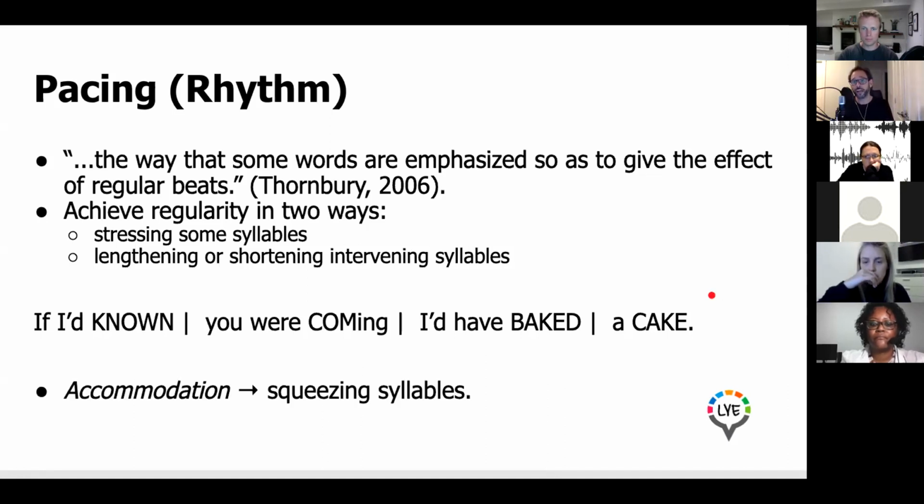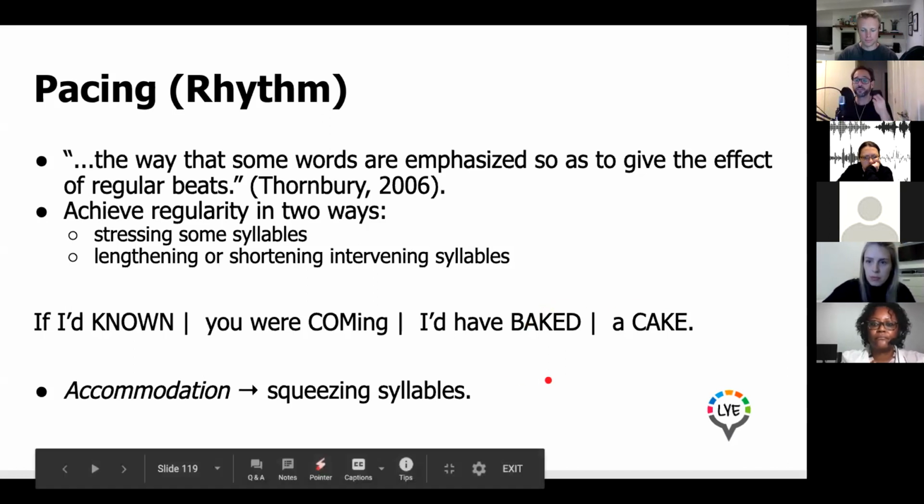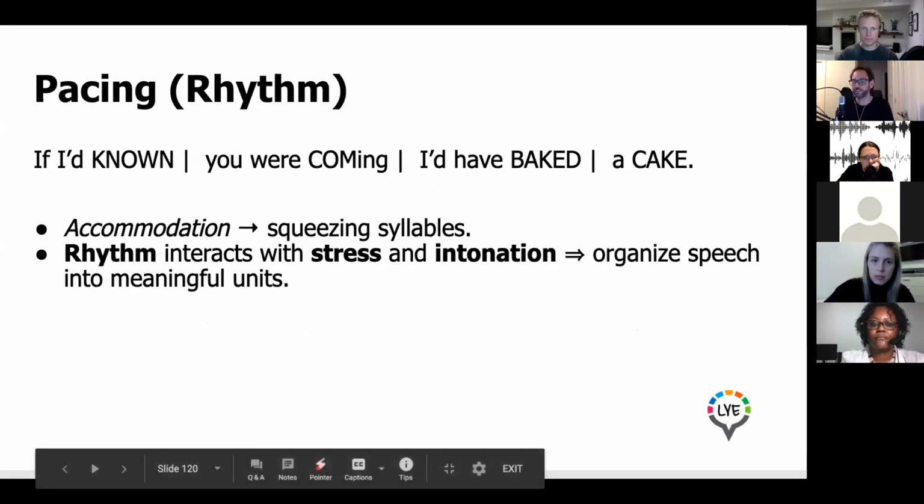And normally what happens with pacing, with rhythm, is that a lot of the times syllables get squeezed, and that's what creates difficulties in listening, because we need to accommodate, and that's what we do naturally in English. And how do we accommodate in English? Simple.